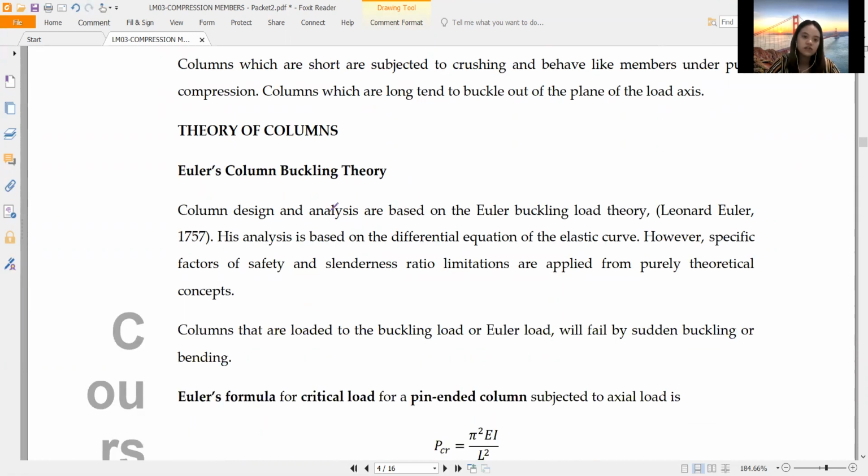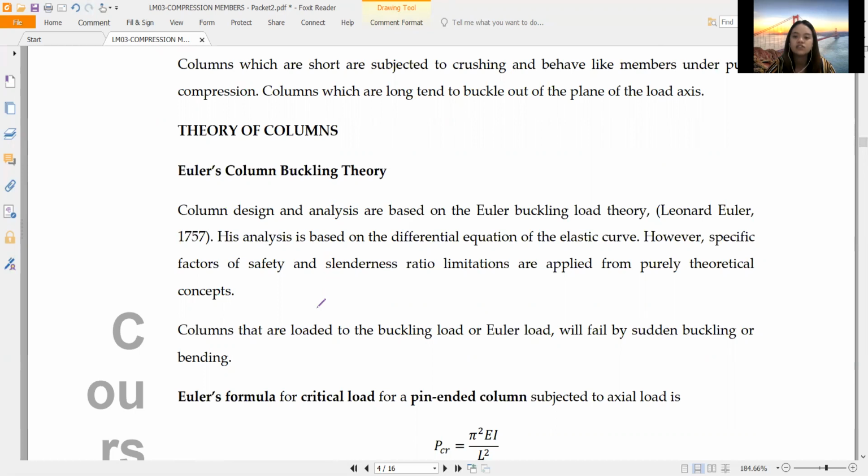Okay, so we have two theories that we are going to apply in the study of columns, understanding columns. The first one is the most common, the Euler column buckling theory proposed by Leonhard Euler. Okay, so yung analysis niya is regarding the elastic curve, no?